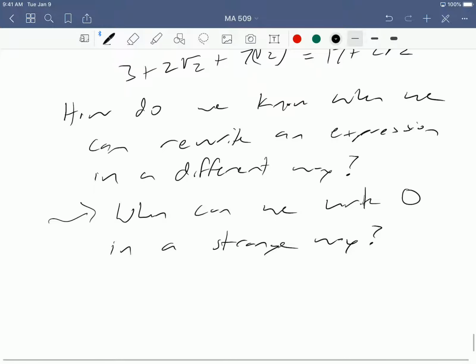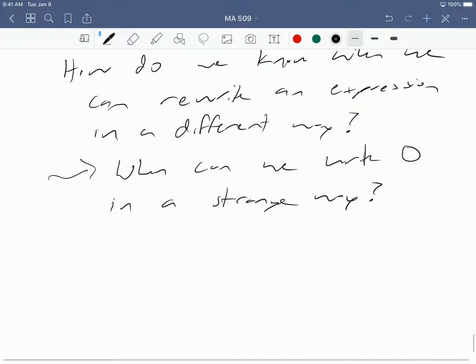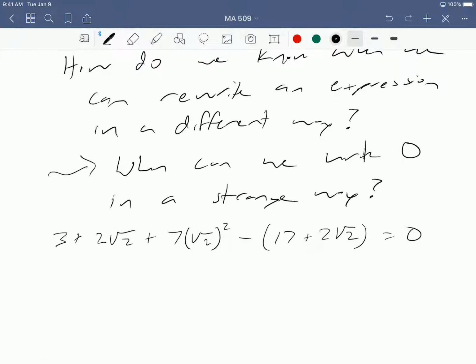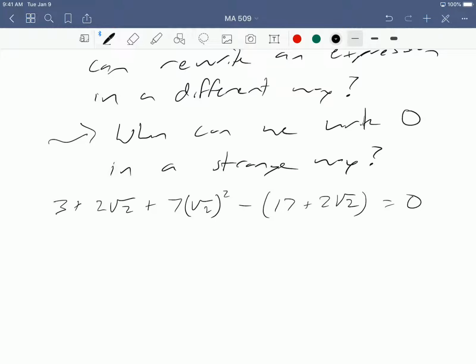All right, so what I mean by this, of reframing it into this question about 0, is if we look at that example just up above, that 3 plus 2 root 2 plus 7 root 2 squared, I decided I could write that differently, and another way to say the same thing is that I was able to make an equation that equaled 0 with two expressions that look different from each other.